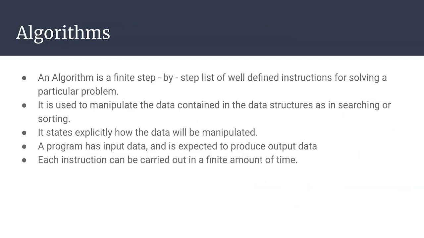Then algorithms are nothing but step-by-step lists of well-defined instructions. We have seen a sorting algorithm. We manipulated the data structure, array list, by using a sorting algorithm, insertion sort. So this was the definition of algorithms.